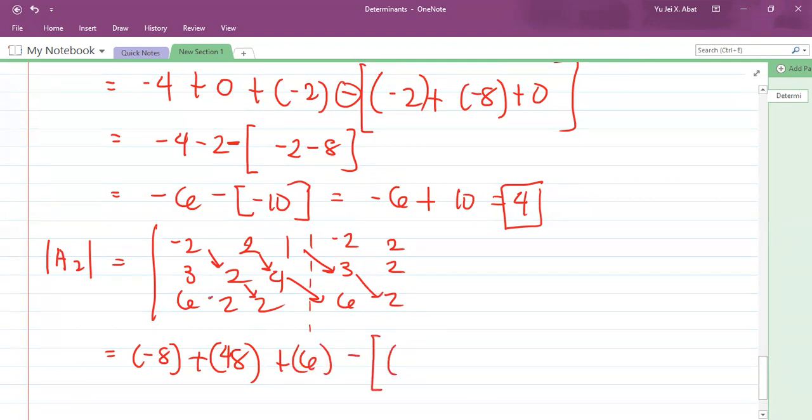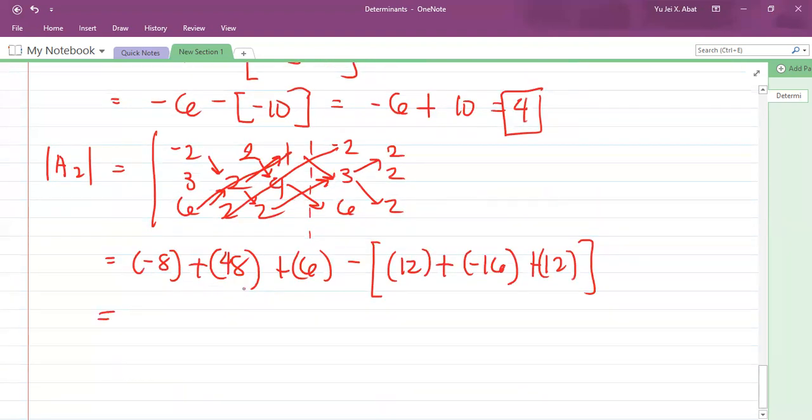Hindi pala yan. Sorry. 6, di ba? Then ito, 2 times 4 times negative 2. It's negative 16. 2 times 3 times 2. Ayan. So, 12 plus 12.